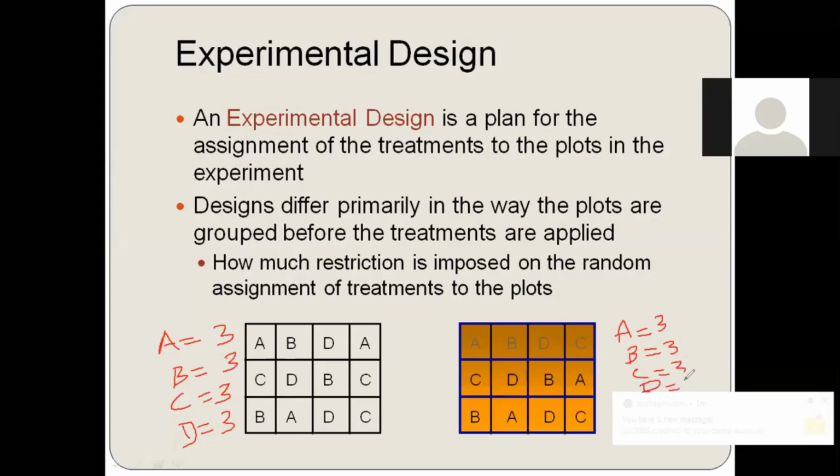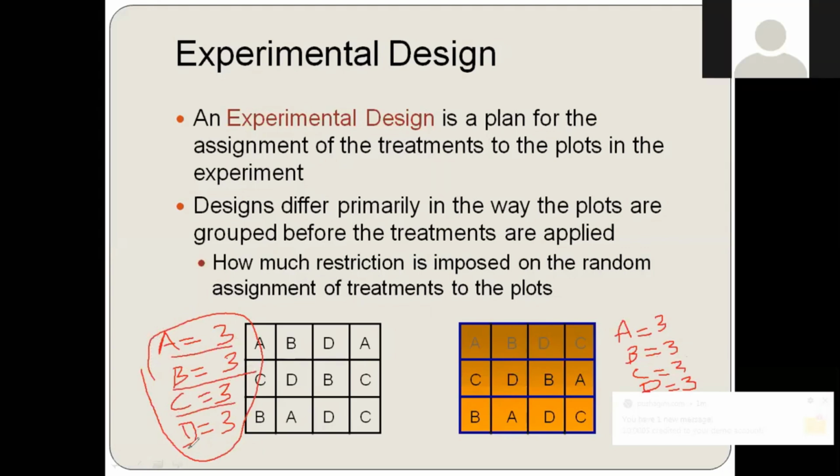D also 3 times. Then why do you all say 2 is correct? Because if you look at the number of replicates, A appears 3 times, B appears 3 times, C appears 3 times, D appears 3 times. In the second situation, same.